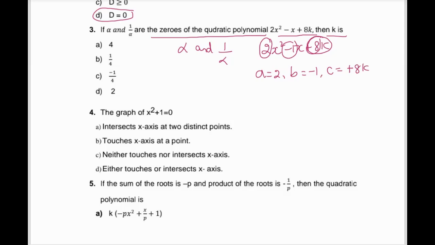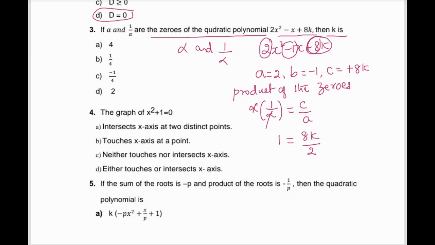Now we have a formula, product of the zeros. The product of the zeros, that is alpha into 1 by alpha, equals C by A. So alpha and alpha get cancelled. 1 equals C is 8k, A is 2. 2 1 times, 2 4 times.